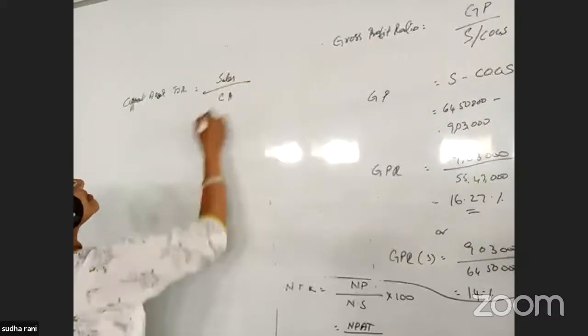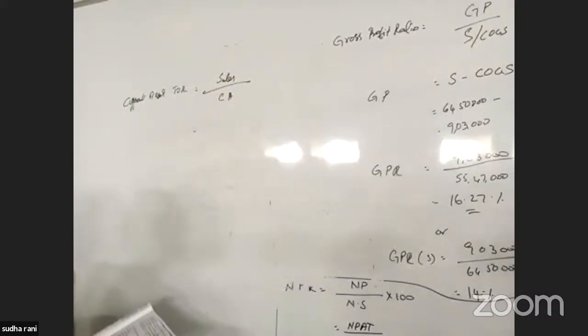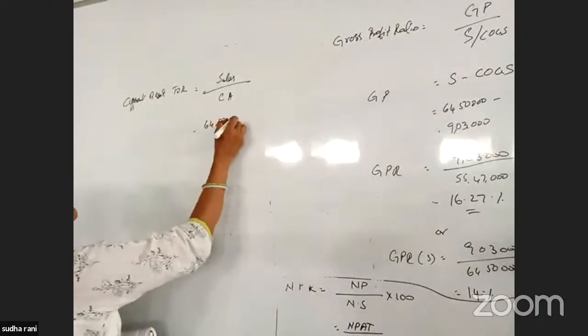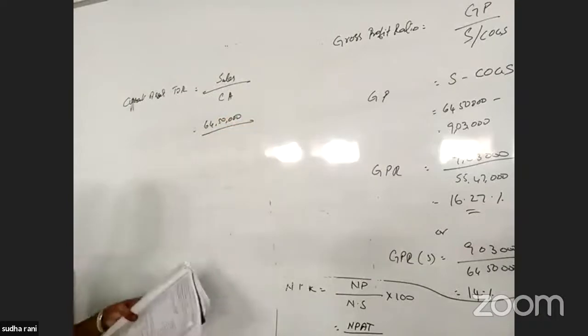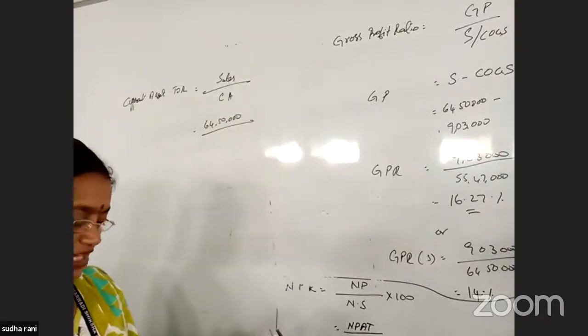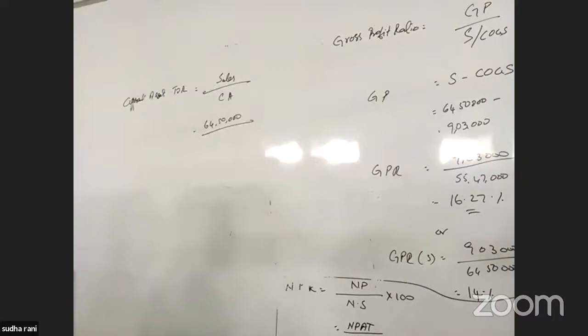by current assets. So what is the sales? Sales given to us is 64,50,000, and current assets we already calculated in our first formula, under the current ratio. Current assets we already did.